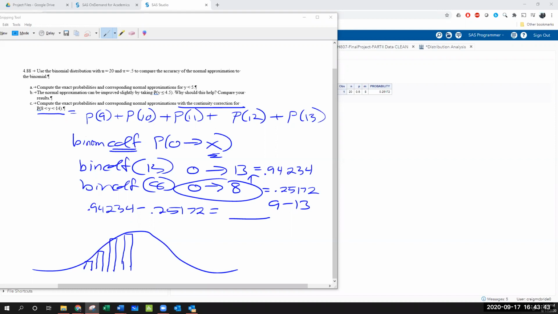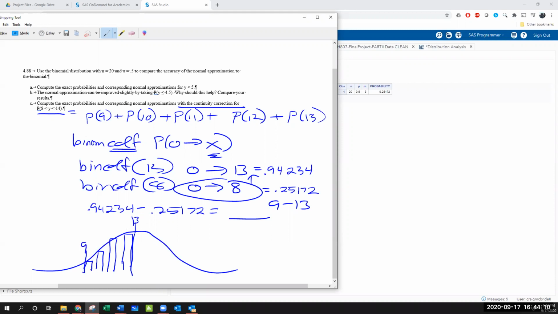But usually the idea is we know that binomially speaking, with the binomial curve, we're getting 9 through 13. So we don't want to just go to the normal curve and say, all right, give me all of the area between 13 and 9. Of course, I'm making this up.